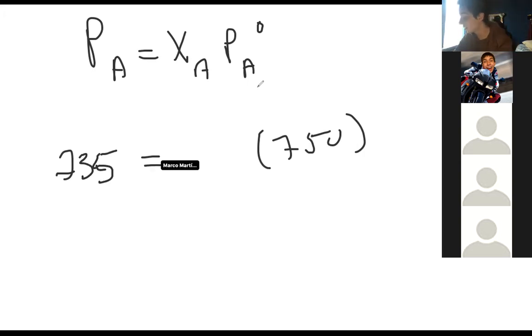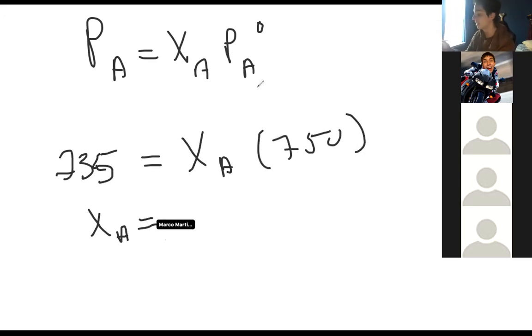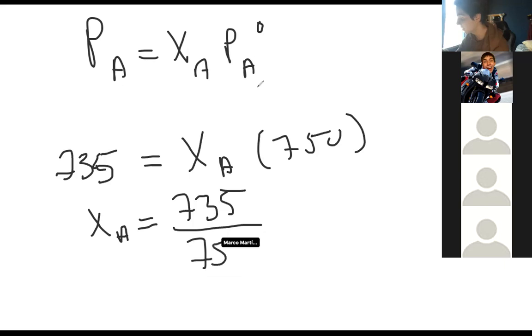And it's asking us to solve for mole fraction. So we could rearrange this using our big algebra brains to say that XA is equal to 735 divided by 750. And once we do this quick division, what answer do we get, you guys?